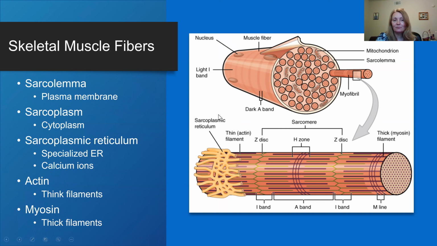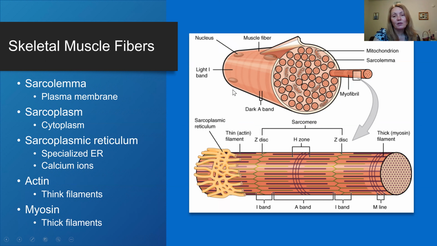For example, instead of plasma membrane, we call it sarcolemma, because it is a plasma membrane, but it has such a specific structure that it's not like the regular plasma membrane of your epithelial cells or even nervous cells, neurons. It has a different morphology, right? It has a different structure and different function. That's why we want this specific name, sarcolemma.